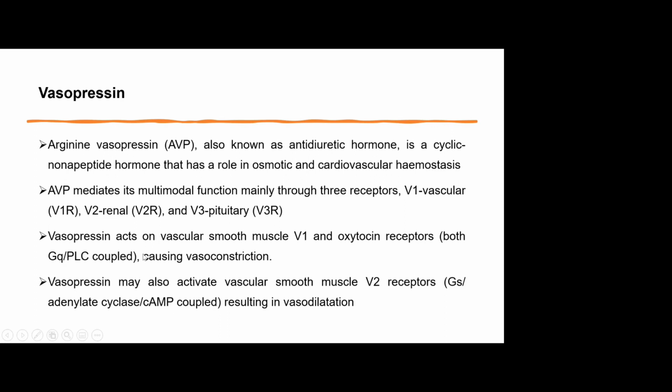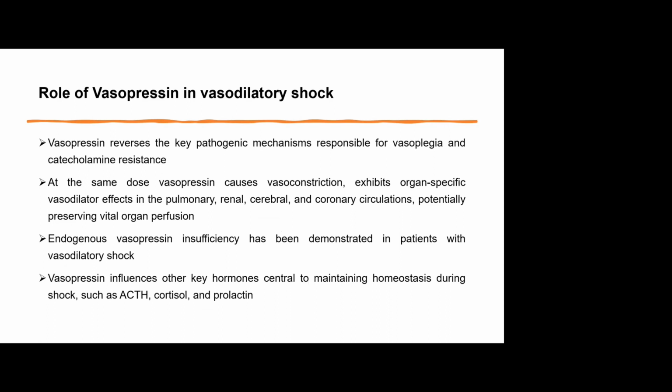Now, vasopressin acts via the V1 receptors, which bring about the same vasoconstriction by increasing intracellular calcium levels. However, it also has an effect on the V2 receptors, where it can result in vasodilatation, which is an interesting thing about vasopressin because it has a sparing effect on the pulmonary circulation, renal circulation, and cerebral and coronary circulations when it is given as a vasopressor.